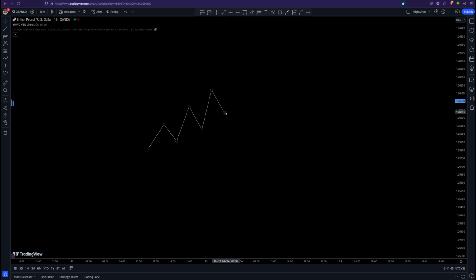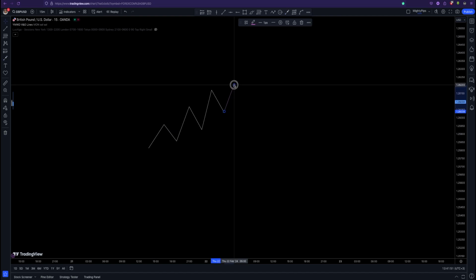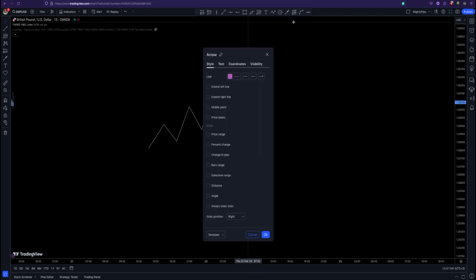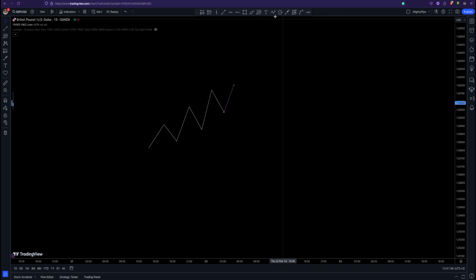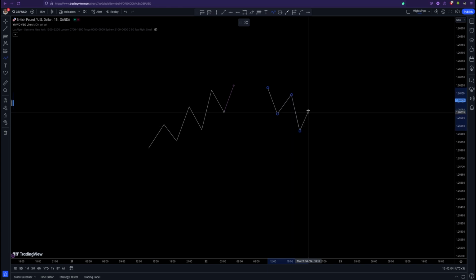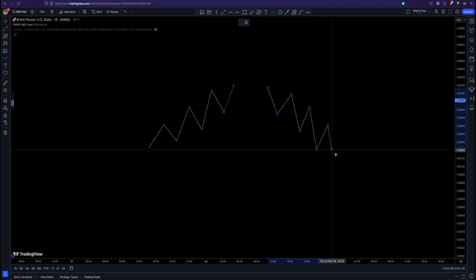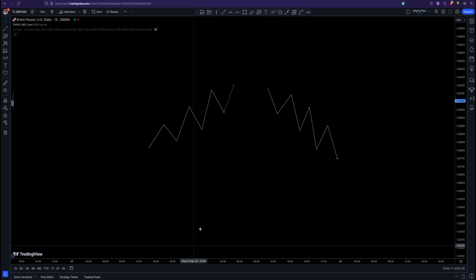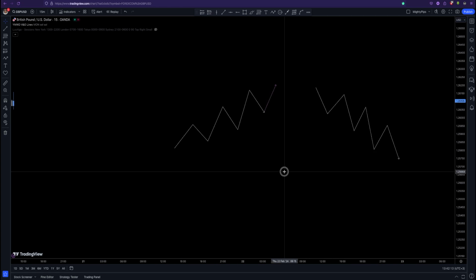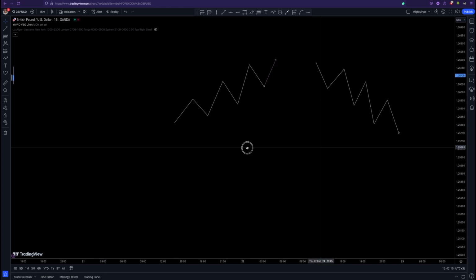This is if you're moving in an uptrend. On the flip side, you have the market creating a low, a lower high, lower low, lower high, lower low, lower high, and then pushing further to the downside. So this is market movement within market structure.